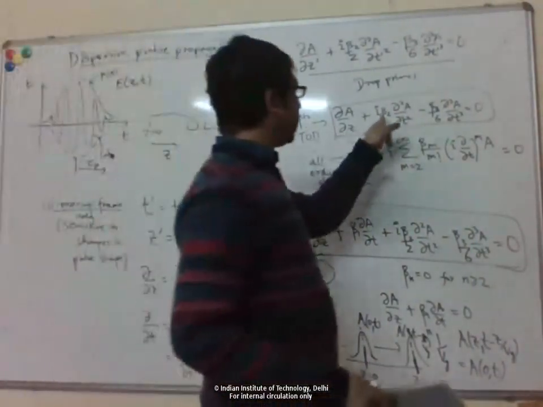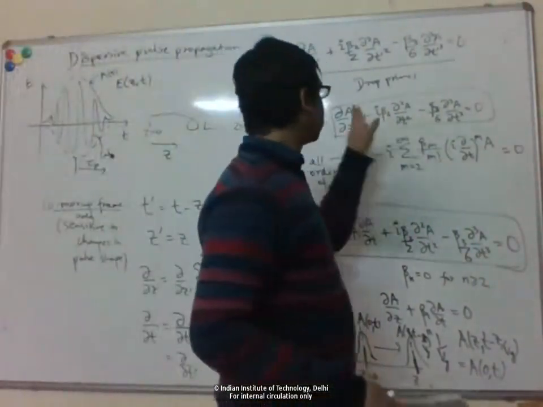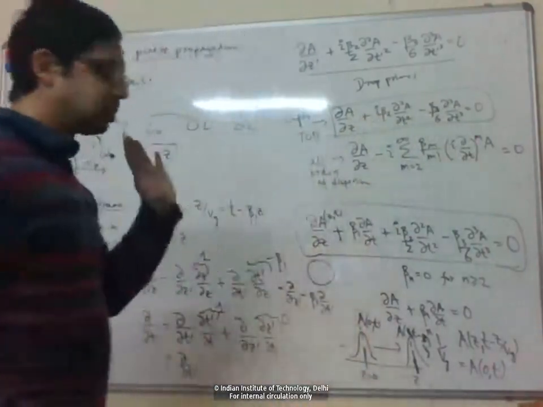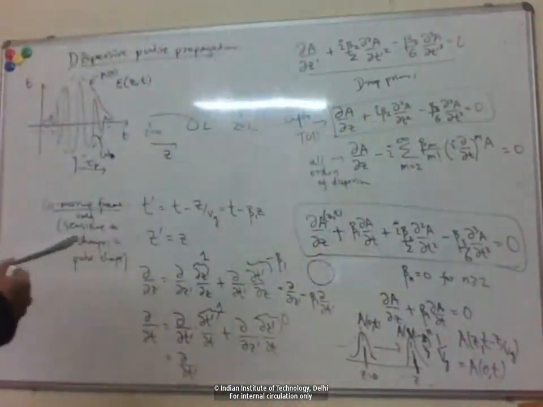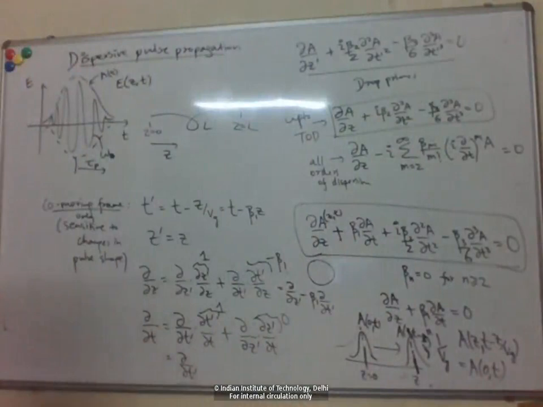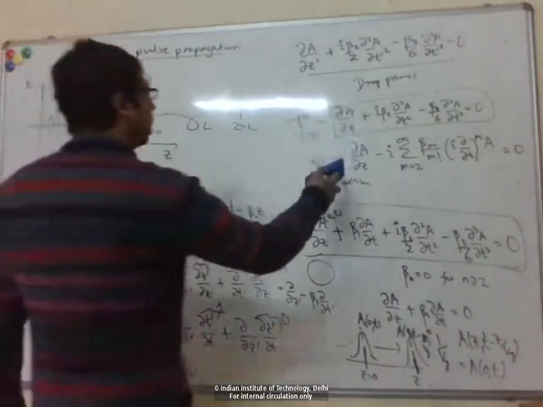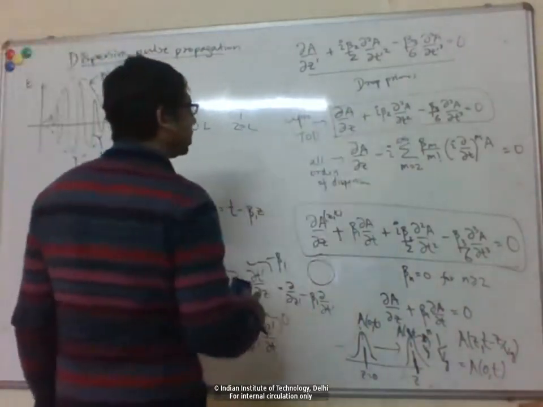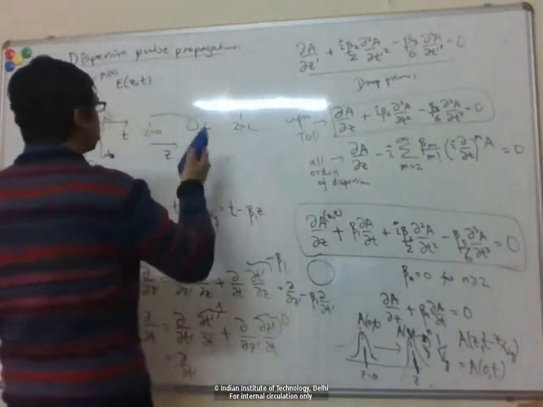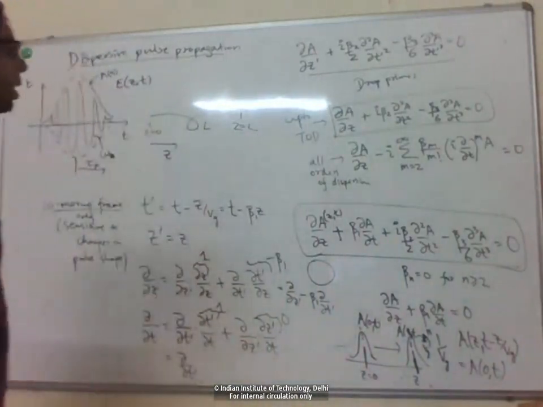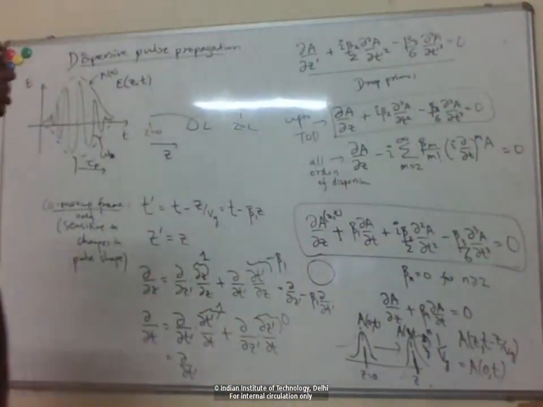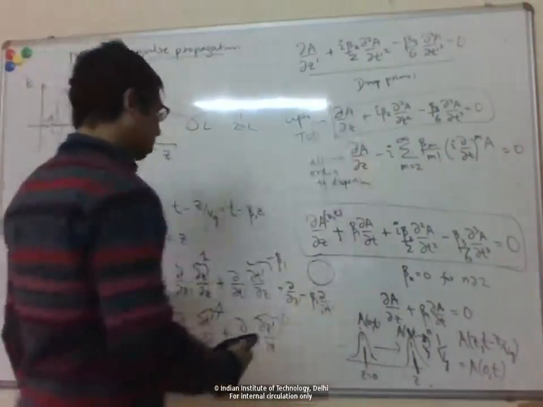But if any of these are non-zero, then you can see that the envelope A changes as a function of Z. Right, so this is the pulse propagation equation if you want to see how a pulse moving in a dispersive medium evolves, right? And the solution we already saw.